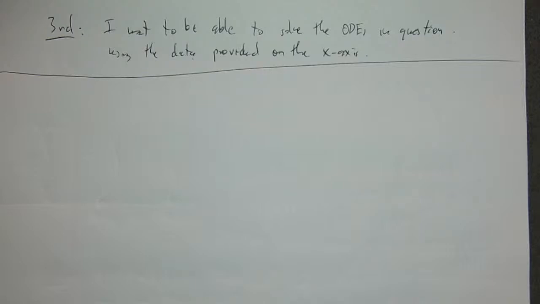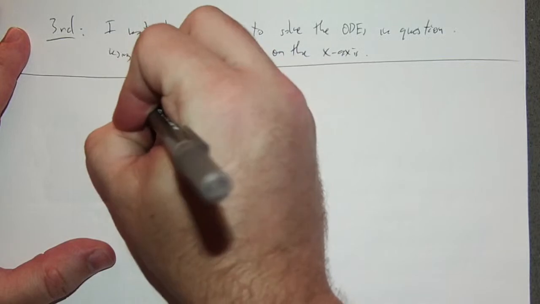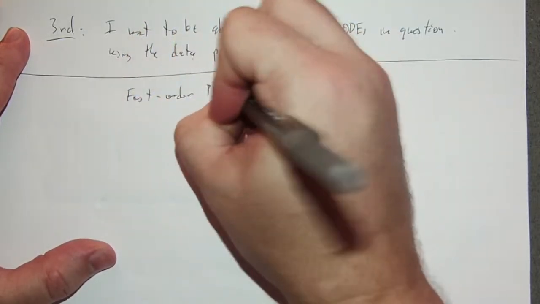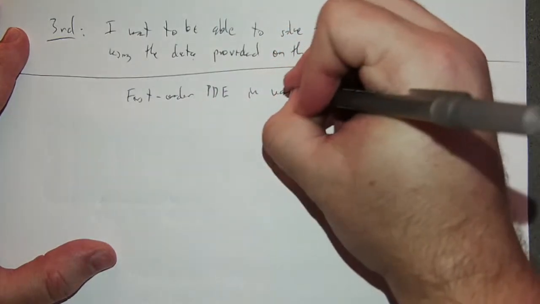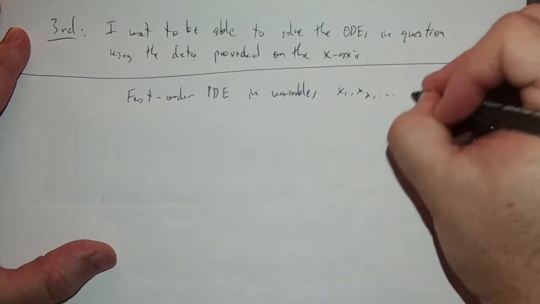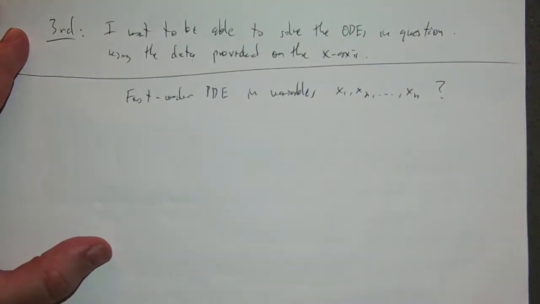The other question is, does it matter how many independent variables? I did it for 2, but does it matter if I had a first order PDE in variables, say x1, x2 out to xn? Is that okay for the method of characteristics?